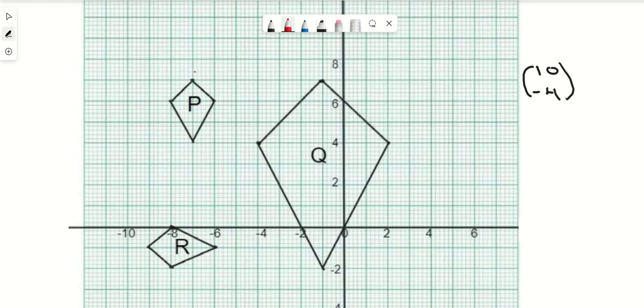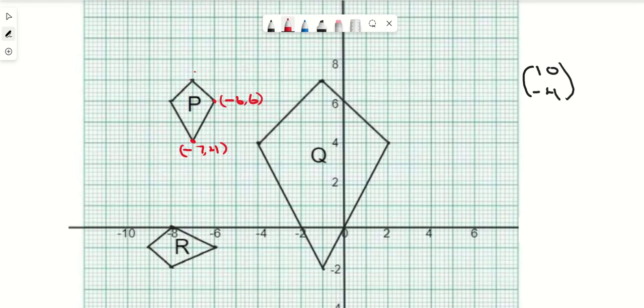So this coordinate right here with the red dot is x is -7, y is 4, right? This is your first coordinate here. This one here, x is -6, y is 6.